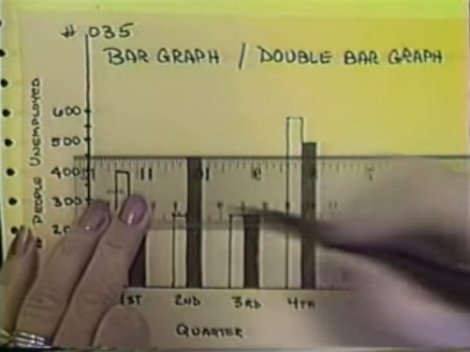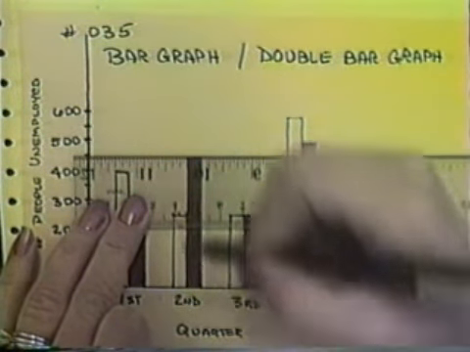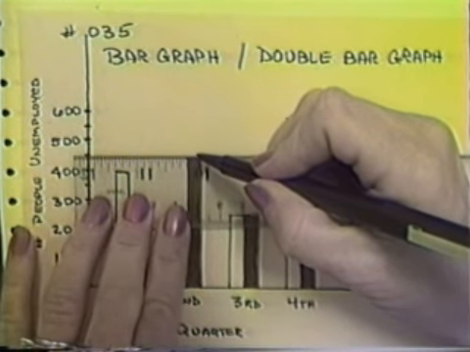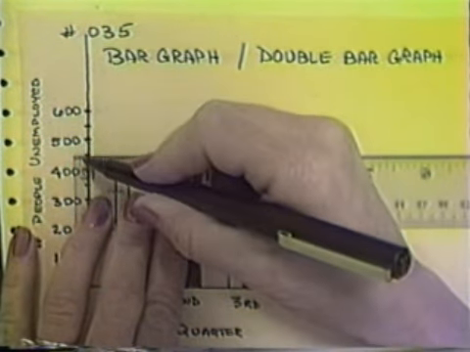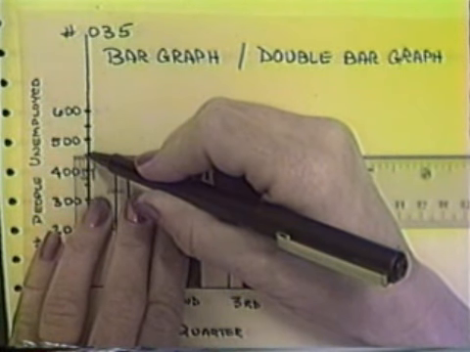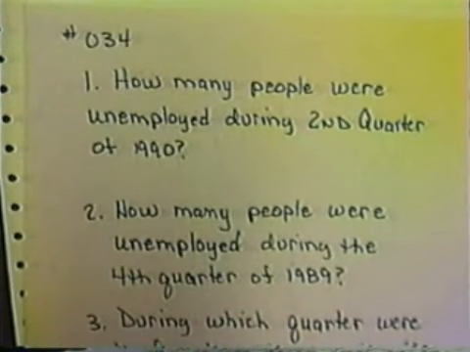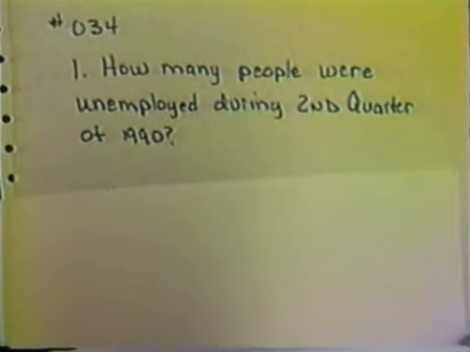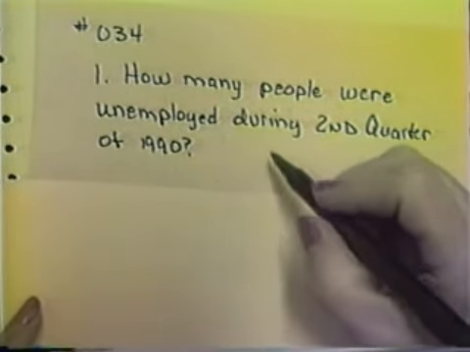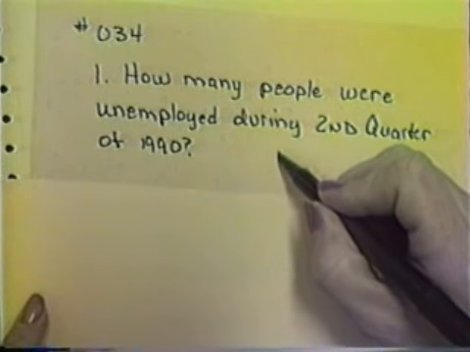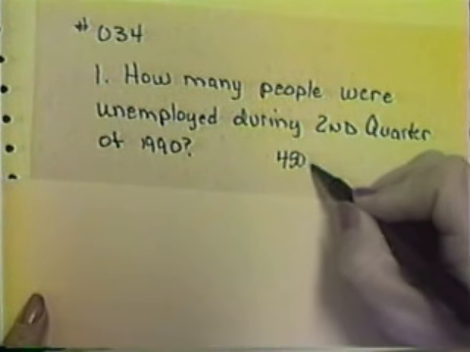I look under the black bar for 1990, go up to the top, and then read it over to my vertical line, which says 450. So the answer to my first question, how many people were unemployed during the second quarter of 1990, is going to be 450 people.